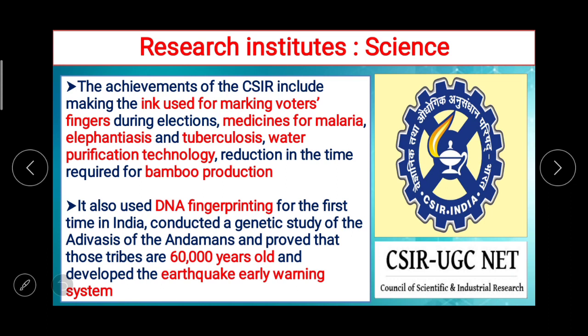The achievements of the CSIR include making the ink used for marking voters. Today also we are using ink, and that ink, as you can see here, was used for marking voters' fingers during elections. Other achievements include medicines for malaria, elephantiasis and tuberculosis, water purification technology, and reduction in the time required for bamboo production. So these are all achievements of the CSIR.